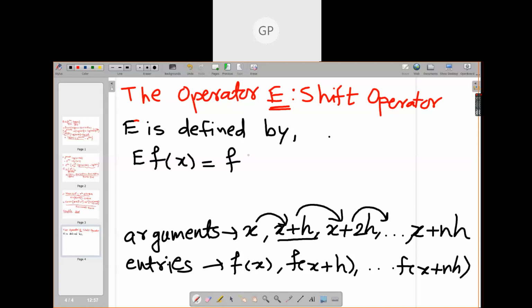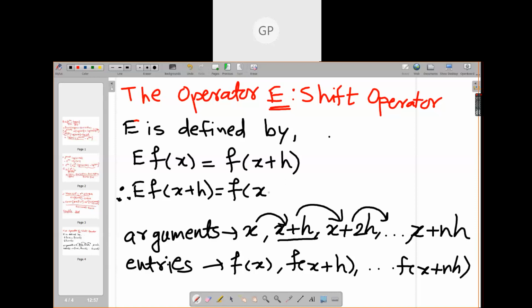Are you getting it? E fx is equal to f of x plus h. So what should be E f of x plus h? F of x plus 2h. Correct.